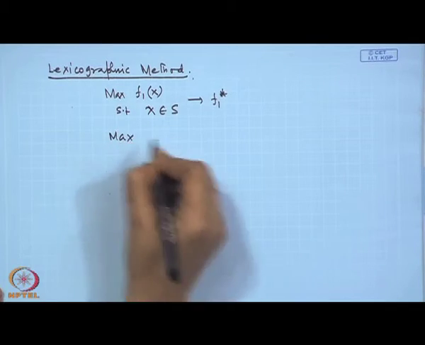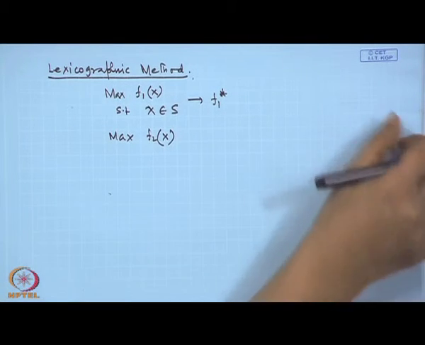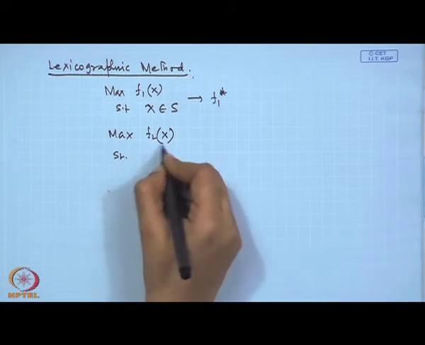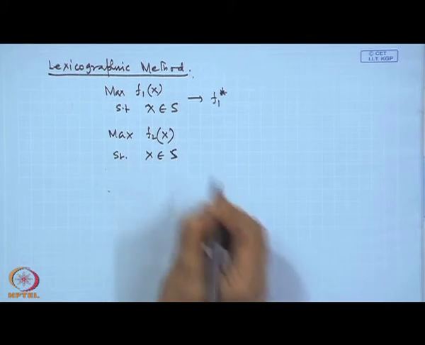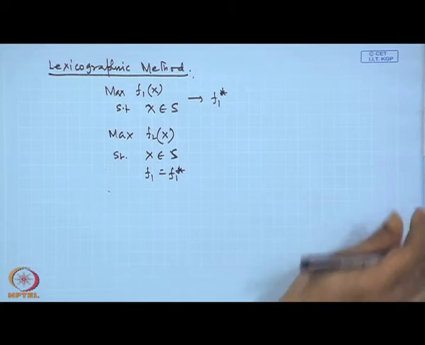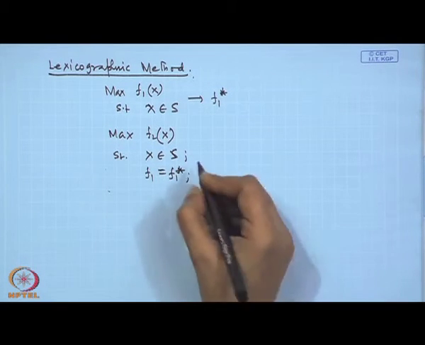But if the decision maker is not satisfied with the solution, then he or she will go to the objective function which has the next priority. That means the second rank, which is less important than f1. The decision maker will maximize f2 subject to the set of constraints again, but with another constraint, f1 is equal to f1 star, because he does not want to compromise here.